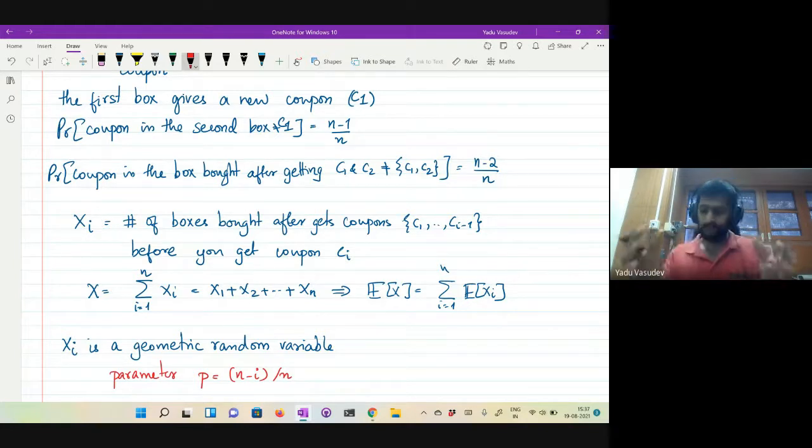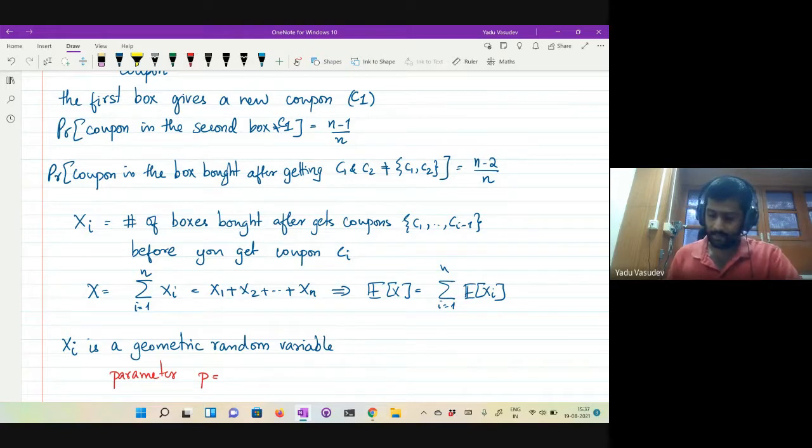Because you've only got 1 to i minus 1 and you want the ith coupon, so it is n minus i plus 1 divided by n. Correct?